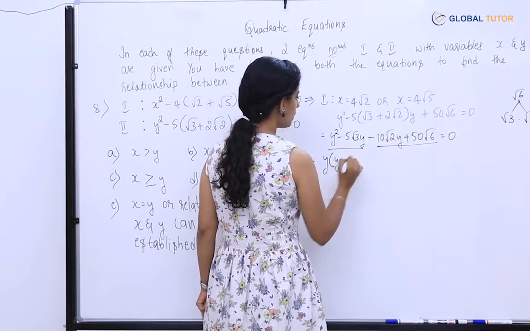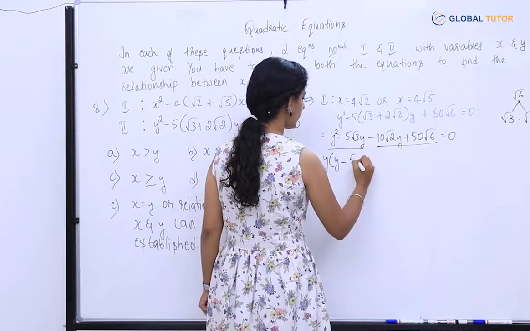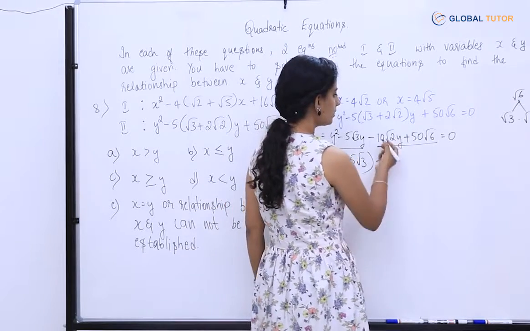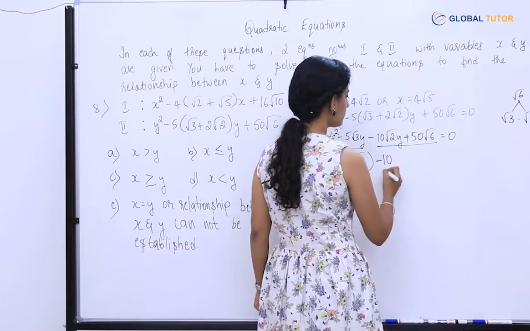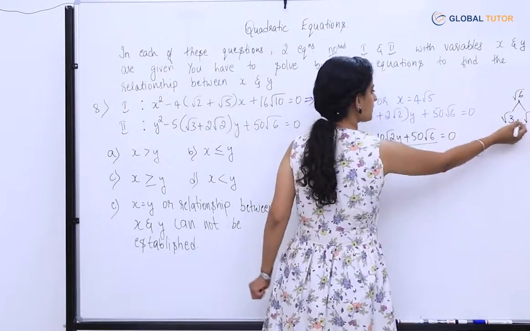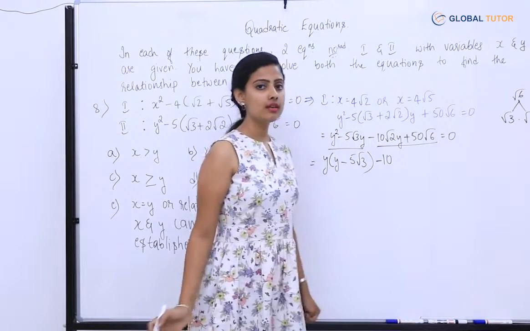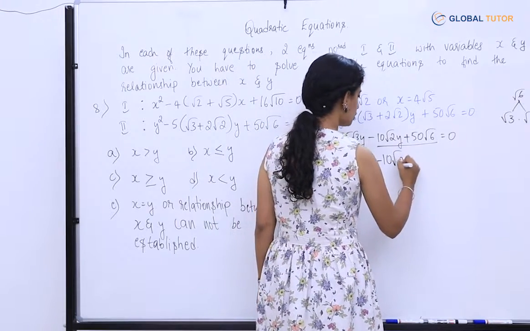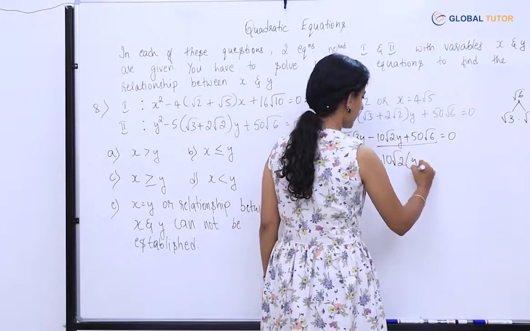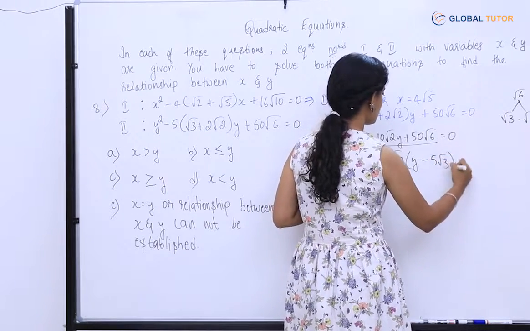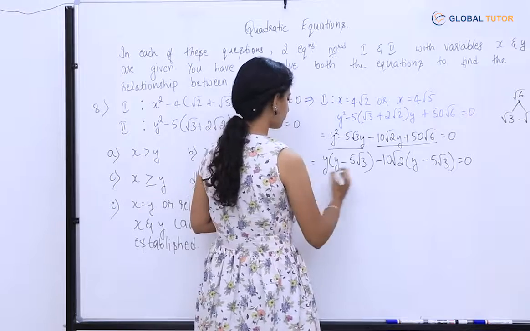I will be left with y minus 5 root 3. Here I can take minus common. I can take 10 common. I can also take minus 2 common, because root 6 can be written as root 3 into root 2. So minus 10 into root 2. So it will be y minus 5 root 3, which is equal to 0.